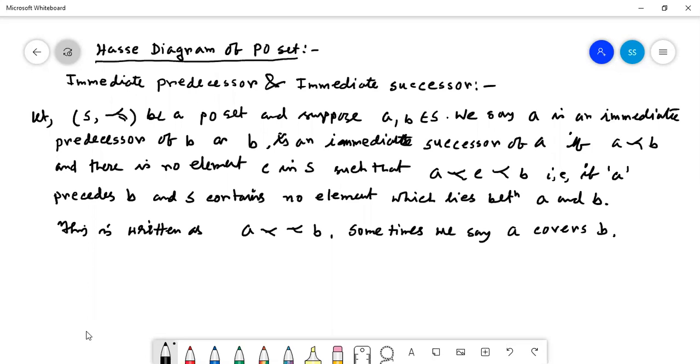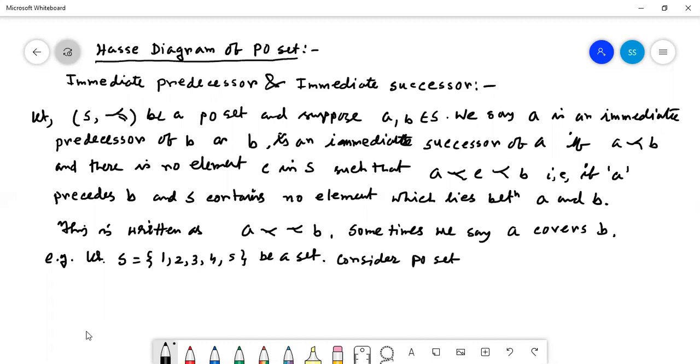Now, if we take an example, it will be clear to you. Let S be the set {1, 2, 3, 4, 5}. Consider the POSET with the relation subset or equal to.